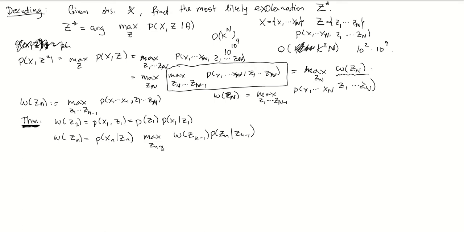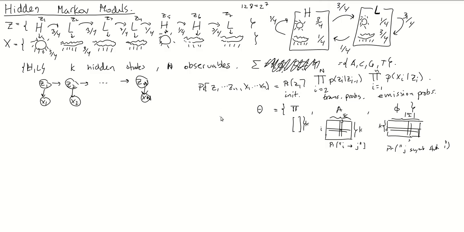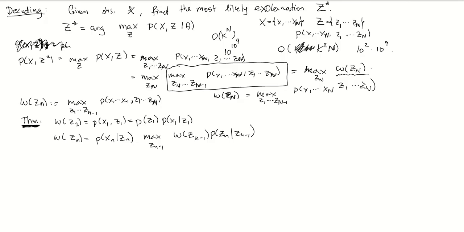Anyway, what we need to do now is consider how we actually compute this. In the previous note, we considered that we could represent our hidden Markov models with these vectors and matrices. So let's say we have those guys.